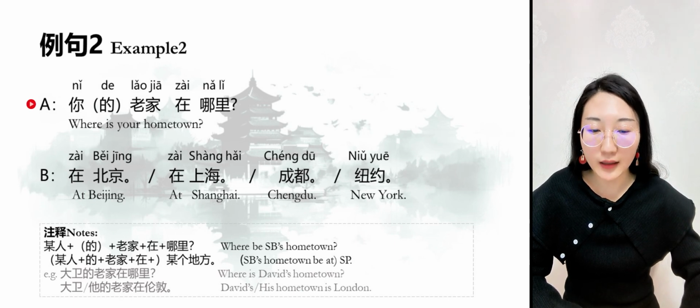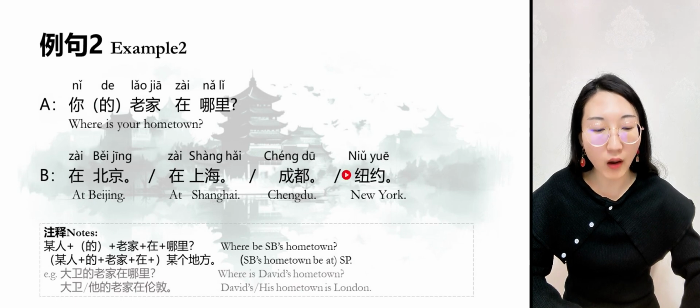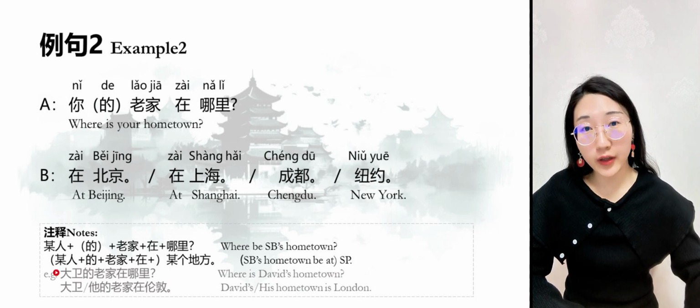你的老家在哪里？在北京。在上海。成都。纽约。So for example, where is David's hometown?